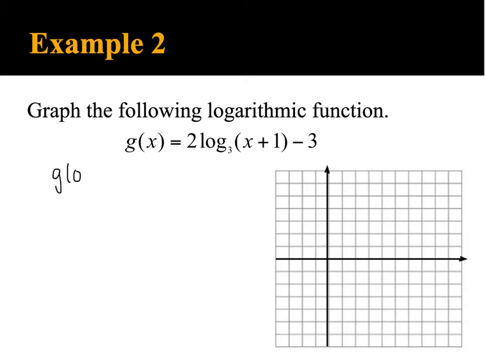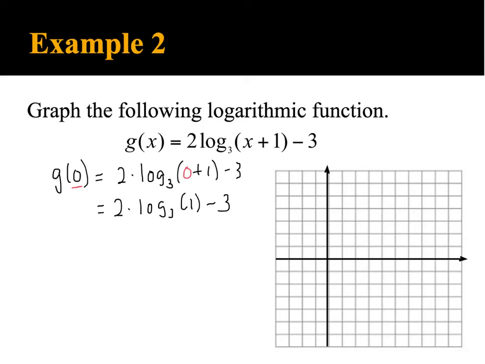g of 0. This is my input, the 0. What that means is that I should do 2 times log base 3, and plug in the 0 for x. Well, that means I have 2 log base 3 of 1 minus 3.